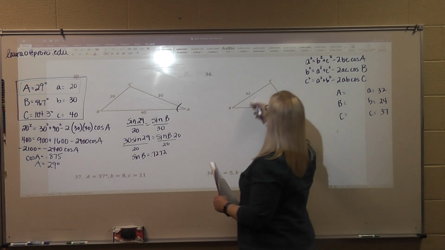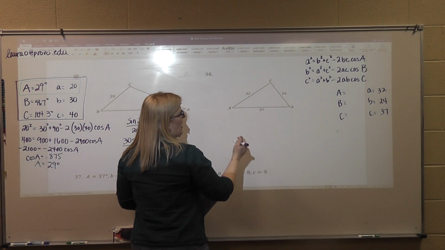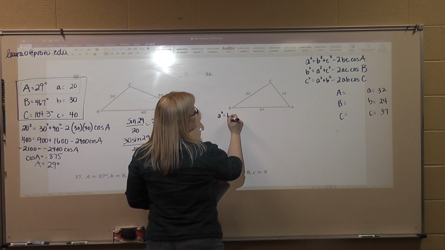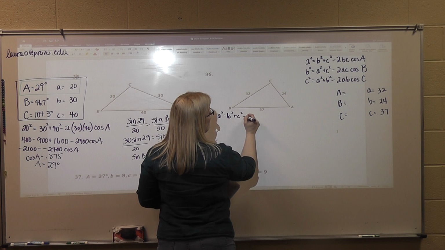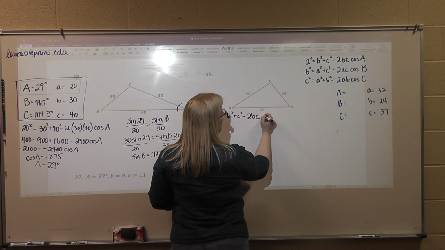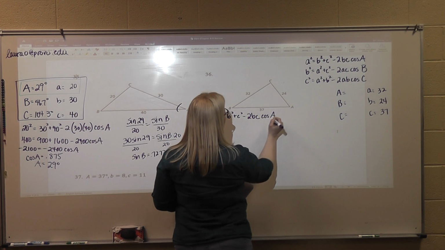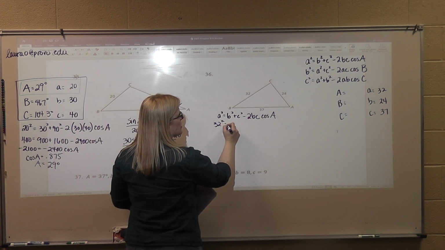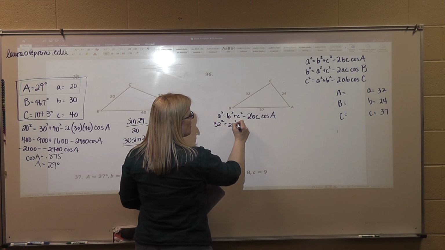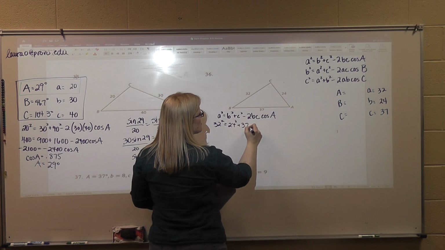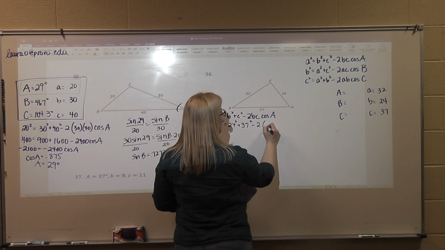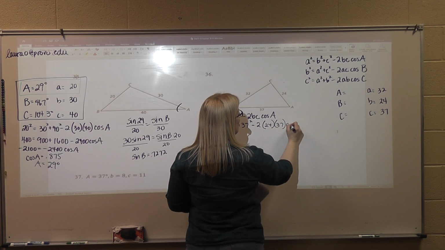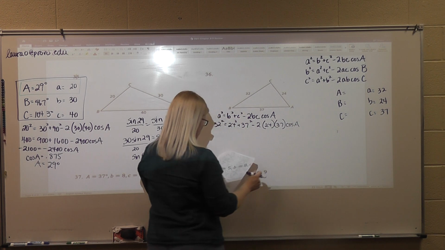So let's do A. And I've got A squared equals B squared plus C squared minus 2BC times the cosine of A. So 32 squared equals 24 squared plus 37 squared minus 2 times 24 times 37 times cosine of A.